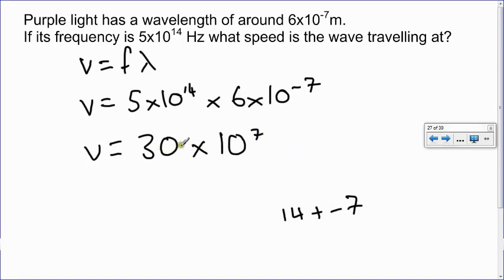Is my answer in standard form? No, the decimal point is in the wrong place. So let's move it to the correct place. So by moving that decimal point this way, I've made the number smaller by 1 times power to the 10. So here I need to make the number power larger by 1 power of 10. Oh, units, silly me. So velocity, meters per second.